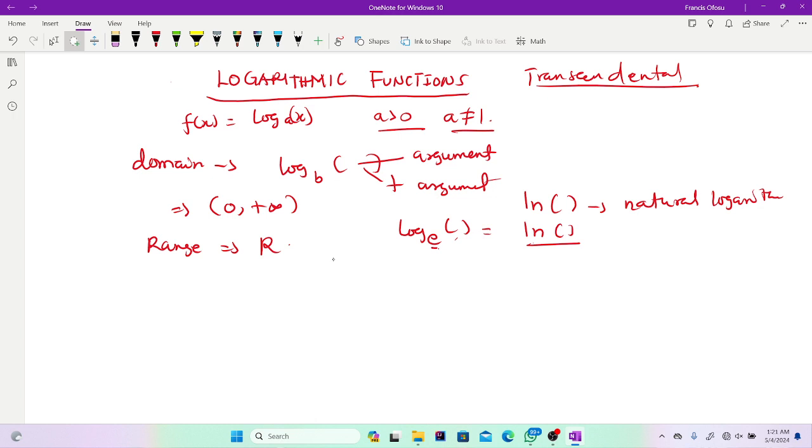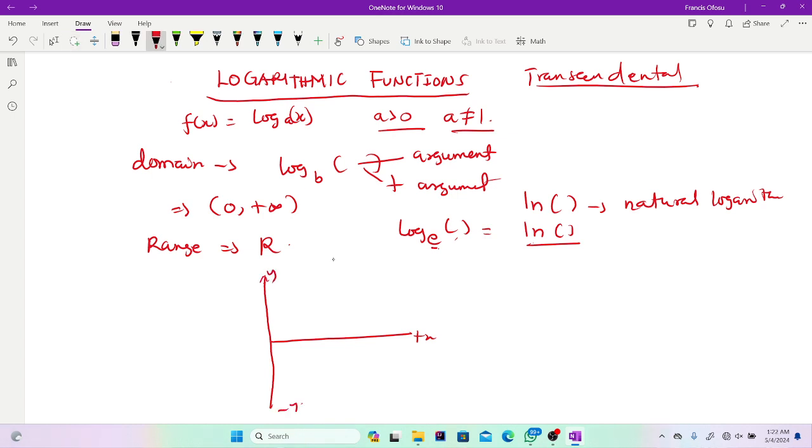If you want to draw a logarithmic function, you have your axes. You know that a logarithmic function doesn't take any negative x, so we are just interested in the positive x-axis. This is our positive y and negative y.